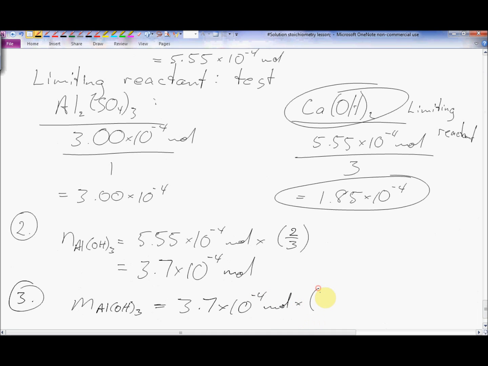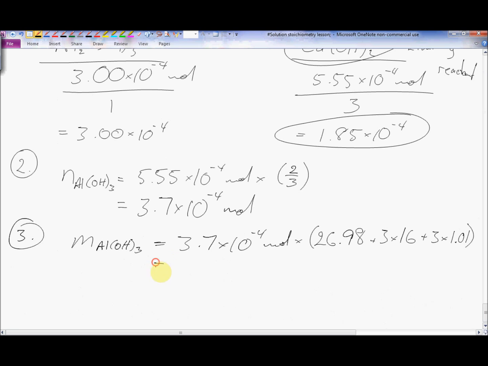So that will be aluminum plus our oxygen plus our hydrogen mass. Put all those things together and you should end up with 2.89 times 10 to the negative 1 grams, 0.289 grams of aluminum hydroxide.